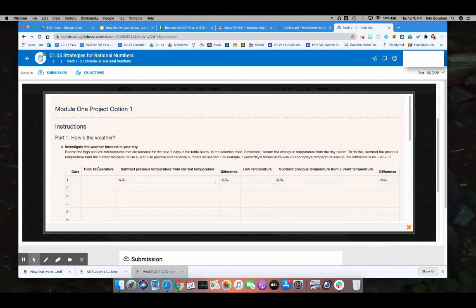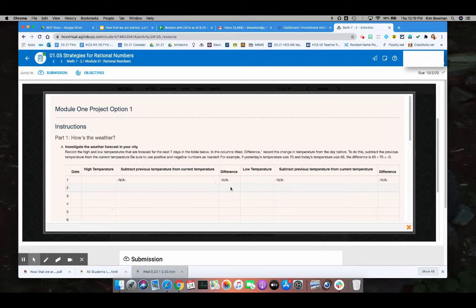So what you would do is you're going to put your high temperatures and then your low temperatures. And you're going to take this high and subtract yesterday's high from it. Take the new minus the old, and you would write that in here. Then your answer is going to go here.